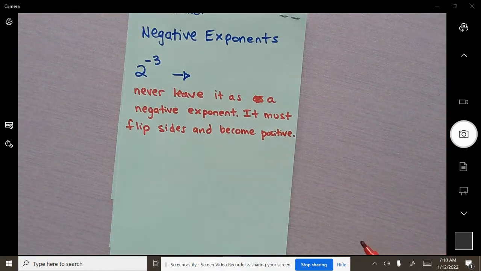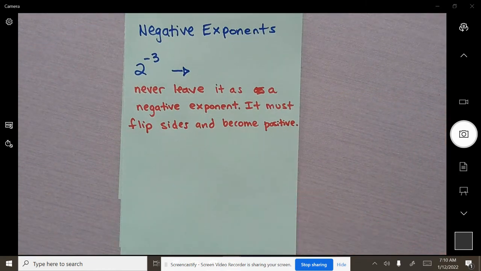That sounds kind of confusing, but write it down. Never leave it as a negative exponent. It must flip sides and become positive. Flip sides, what does that mean? Well, when you flip the side, it's either the numerator or the denominator.